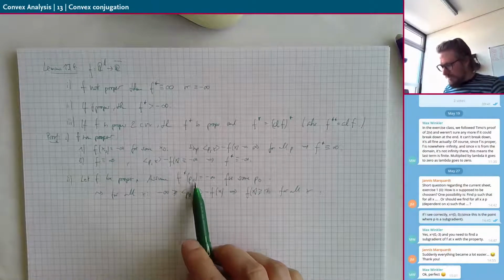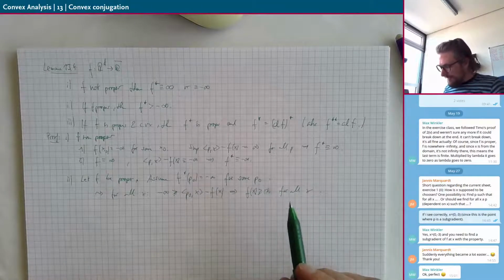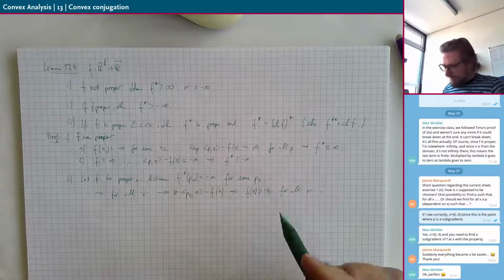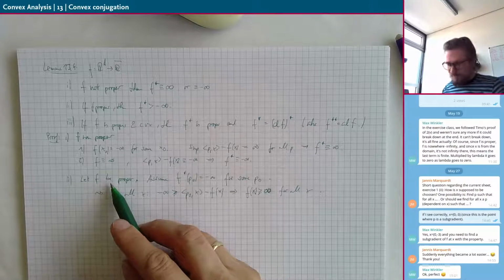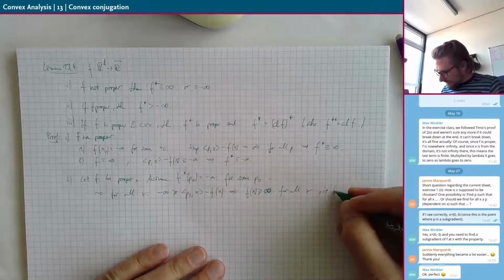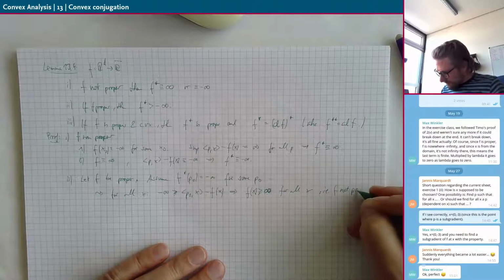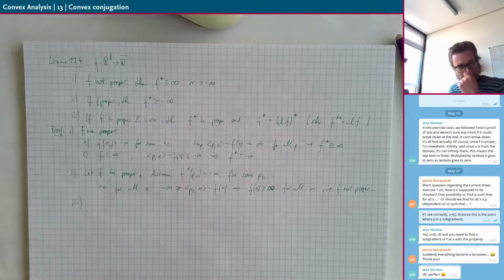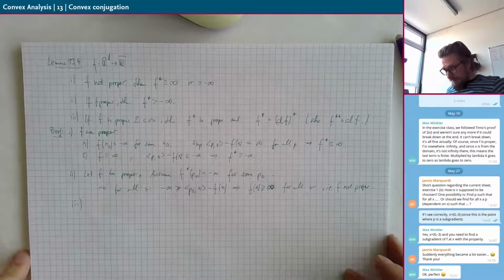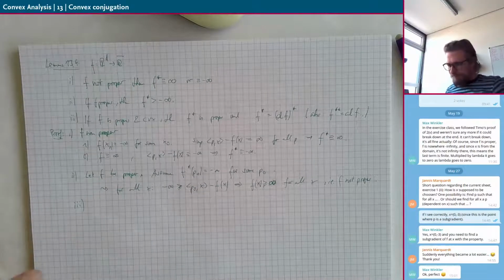If the conjugate is negative infinity at some point, then f is constant plus infinity everywhere, so it's not proper, i.e. f not proper. Okay, that was that. And now the third point.